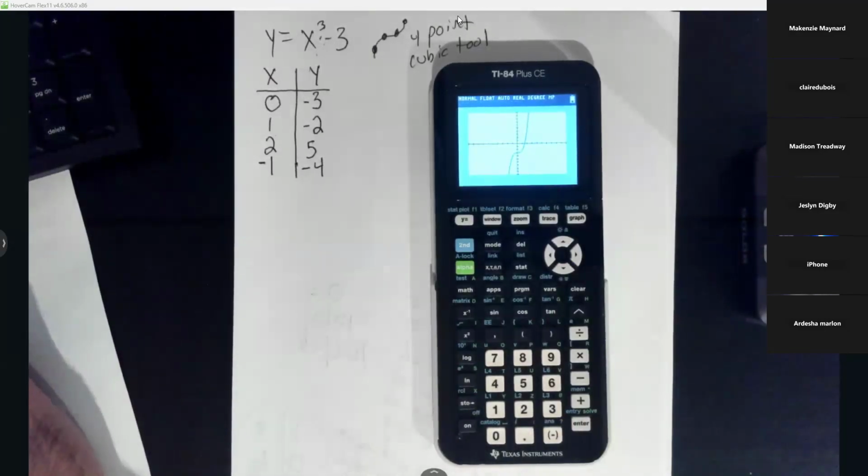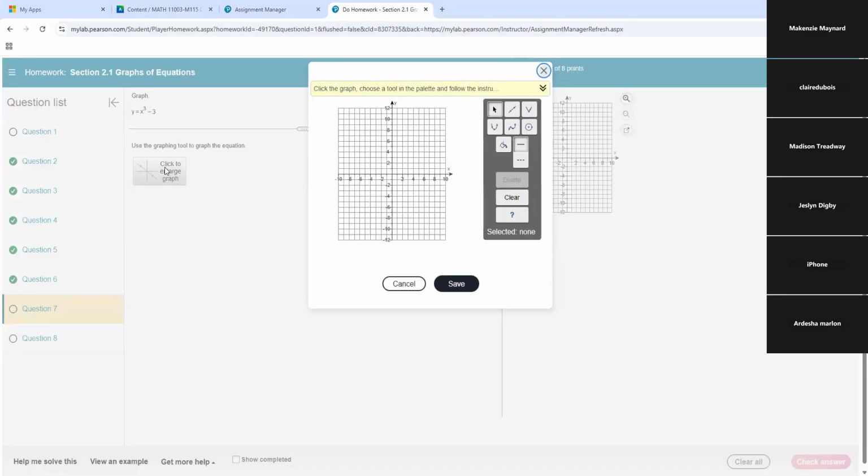So let's go graph this in MathLab. First, I'm going to click to enlarge my graph. On the second line, I'm going to pick the 4-point cubic tool, and then we'll start doing my points. So I got 0, -3. I had 1, -2.